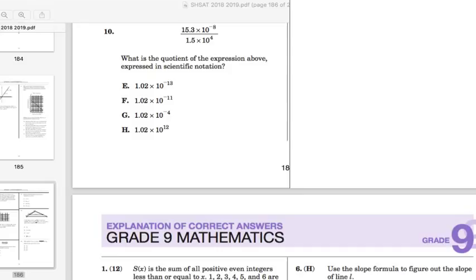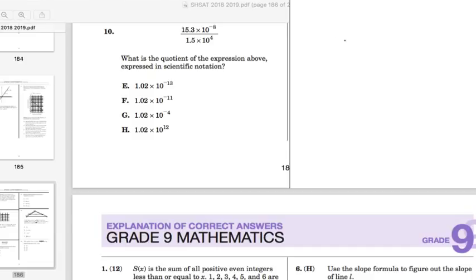So what is the quotient of the expression above, expressed in scientific notation? Oh, yeah. Don't we love that? So let me get my paper copy so I can write this stuff over again.